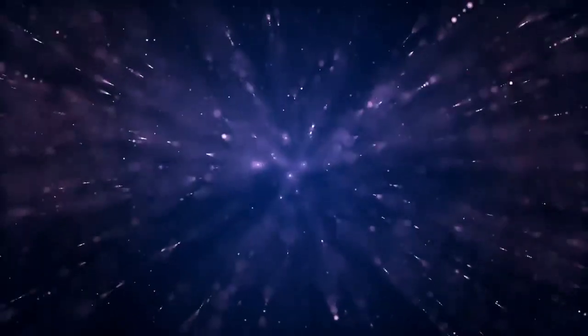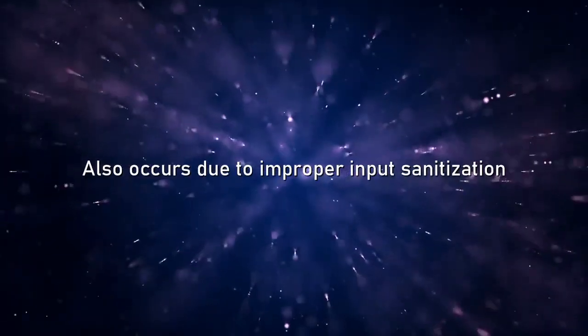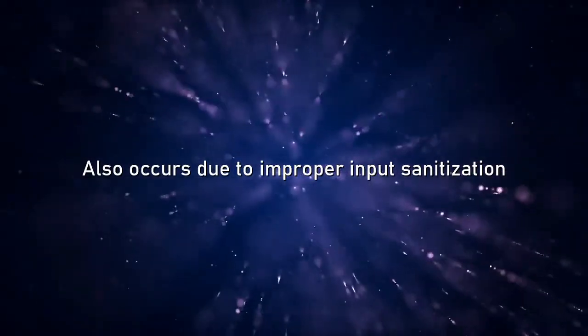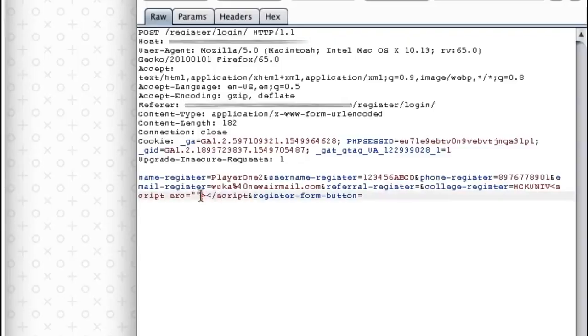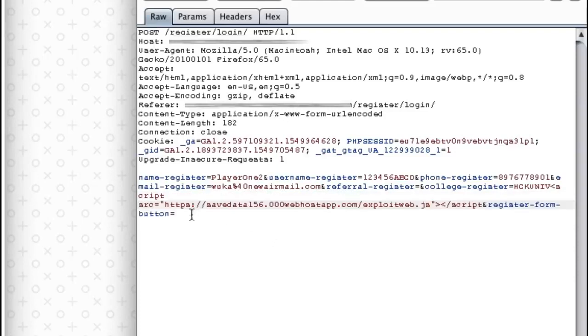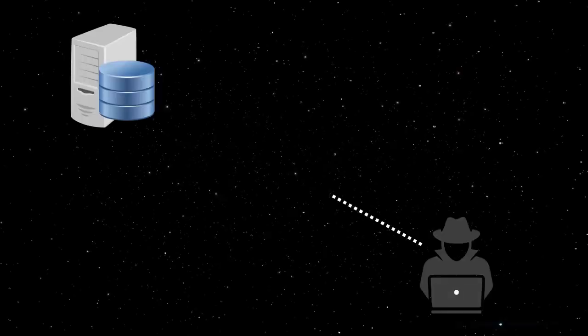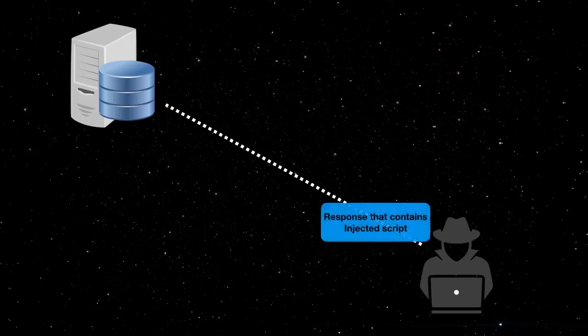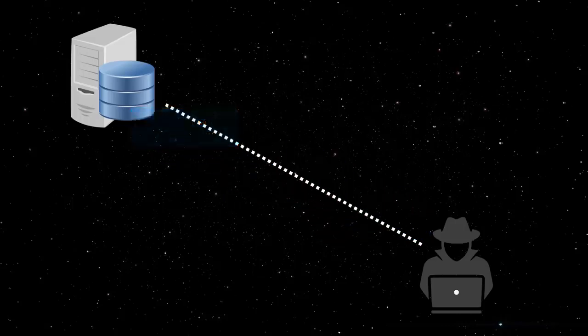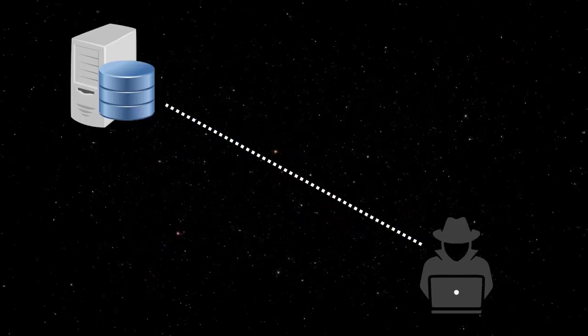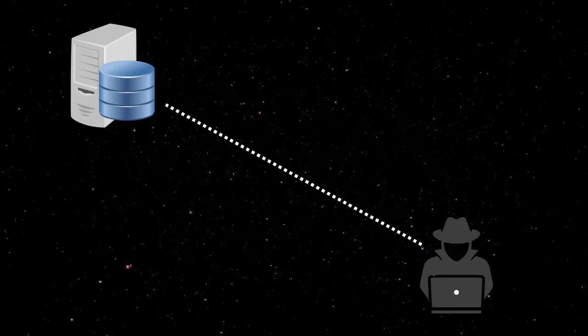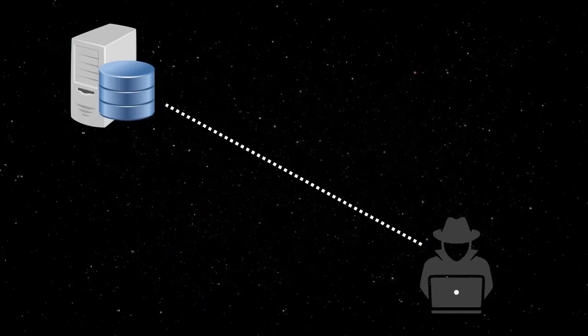Cross-site scripting. This loophole also exists because of the improper input sanitization. In this attack, the hacker injects some malicious script on the client side, or in other words, the browser. But how does injecting a script on the browser affect the whole website? It's simple. When the hacker injects some JavaScript, let's say, in a web page and saves the activity on the web page, the user input, which includes the malicious JavaScript, is sent to the server so that it can be saved on the database.